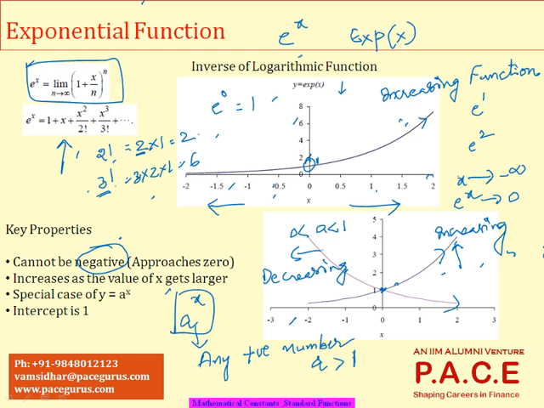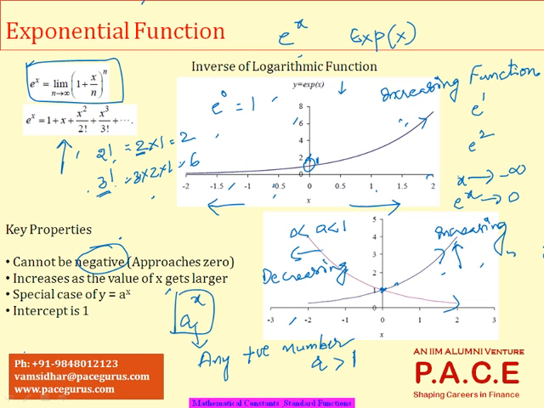So one thing we have to understand in the case of a to the power of x is, if a is greater than 1, it is an increasing function. If a is between 0 and 1, it is a decreasing function. Second, in both cases they intersect the y-axis at the point 1.